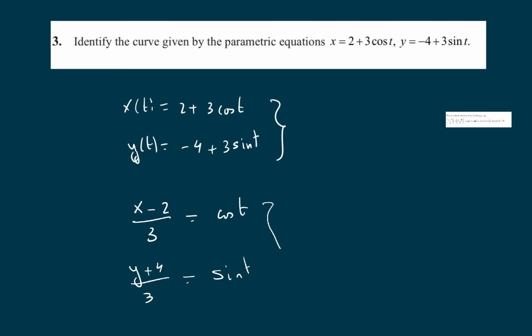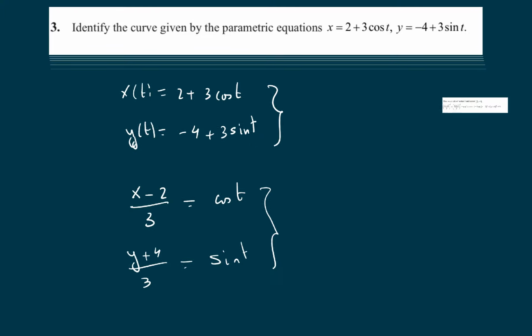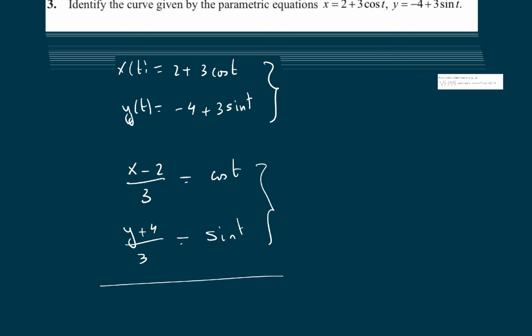By the fundamental trigonometric identity, sine squared of t plus cosine squared of t equals 1, we will have that if we sum ((x minus 2) divided by 3) squared plus ((y plus 4) divided by 3) squared, the sum is 1. So this is the equation of a circumference.